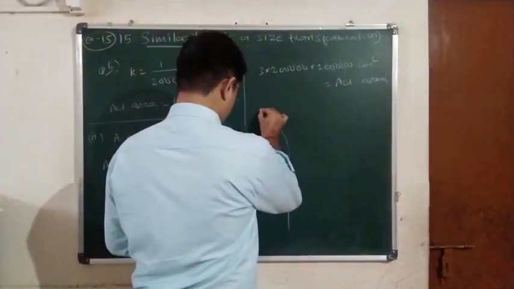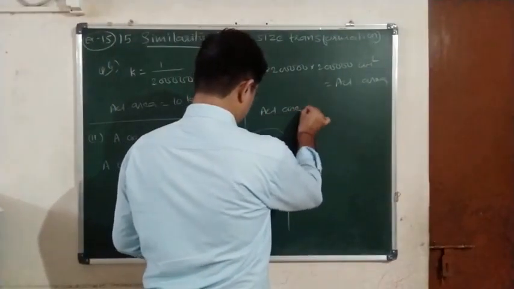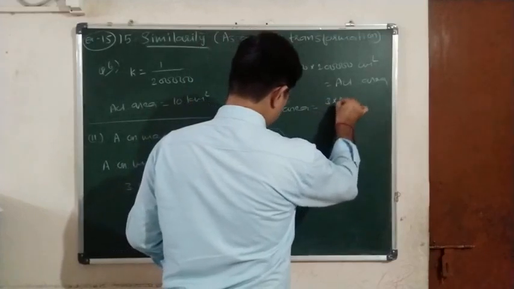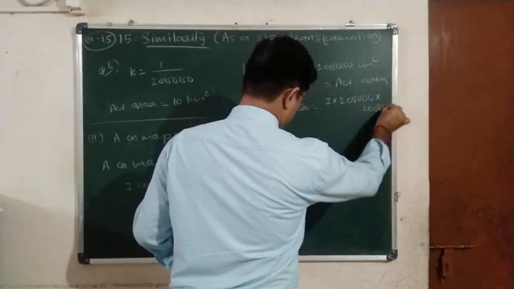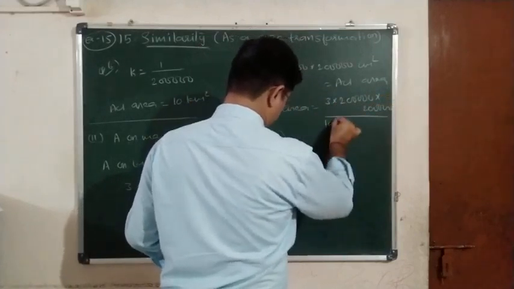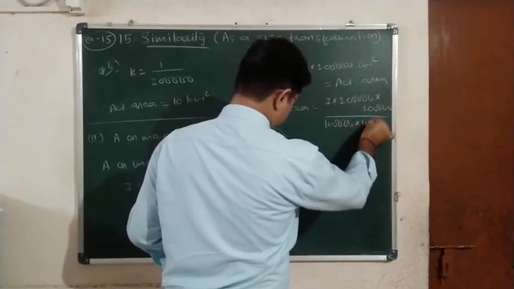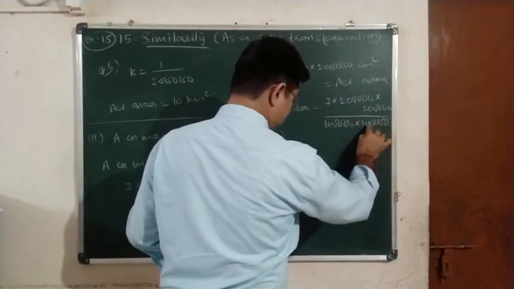So therefore actual area is equal to 3 into 2 lakh into 2 lakh upon 1 lakh multiplied by 1 lakh.